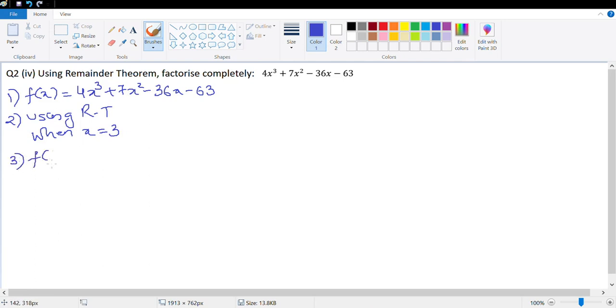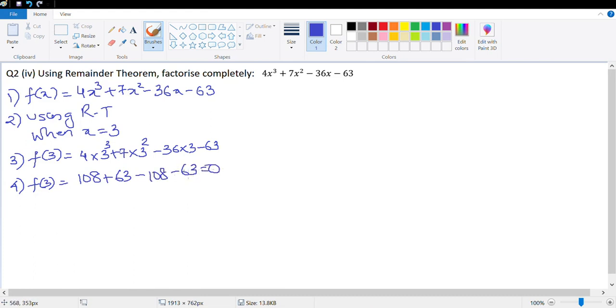So f of 3 would be equal to 4 times 3 cube plus 7 times 3 square minus 36 times 3 minus 63. So that would be equal to 27 into 4, 108, plus 3 into 3, 9, 7 into 9, 63, minus 36 into 3 is 108, minus 63 is equal to 0. Therefore, x minus 3 is a factor.